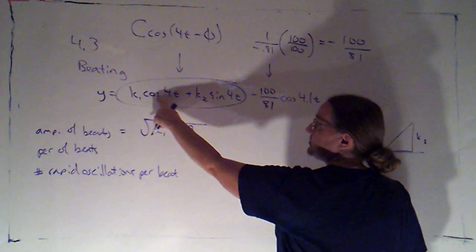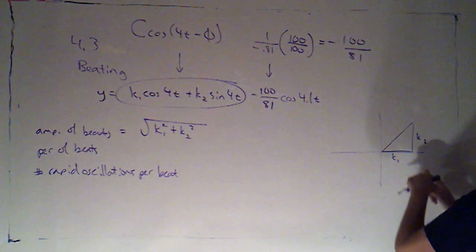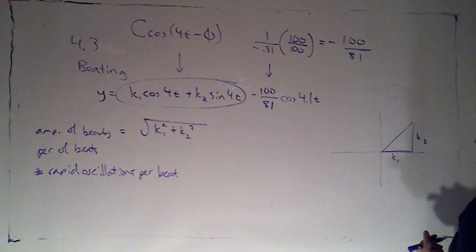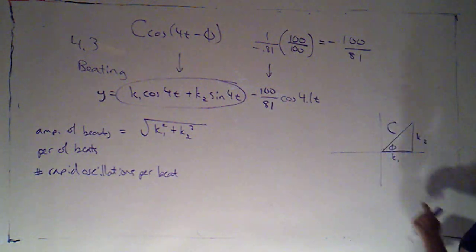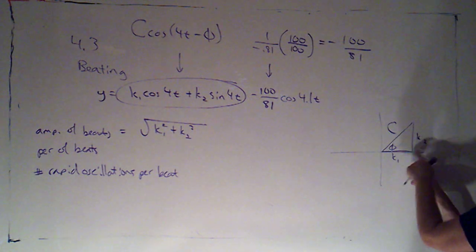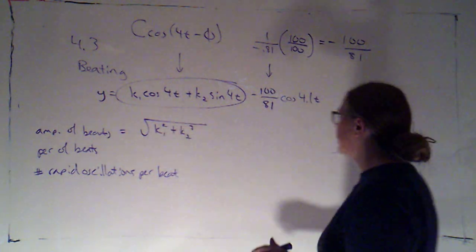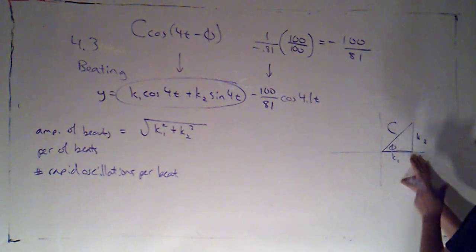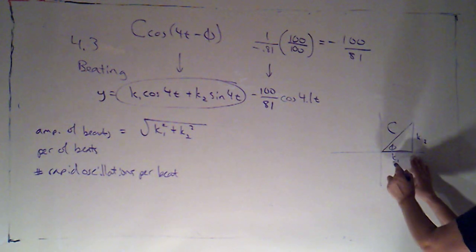The one associated with cosine goes on the x-axis. The one associated with sine goes on the vertical axis. Then I draw in my phi, and this is c. So c is always just the square root of k1 squared plus k2 squared. You don't even need to draw the picture to get that amplitude. The picture is helpful in figuring out phi because tangent of phi will be k2 over k1.